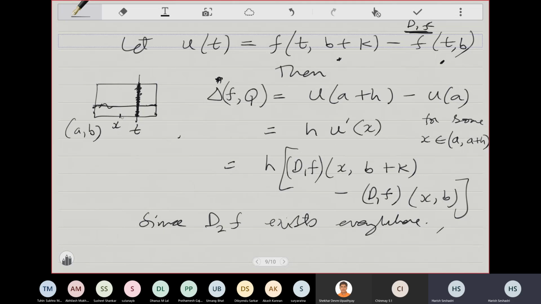Instead of t, I'm at x. No, x is fixed, so this is changing. The y coordinate is changing. So yeah, that's correct.